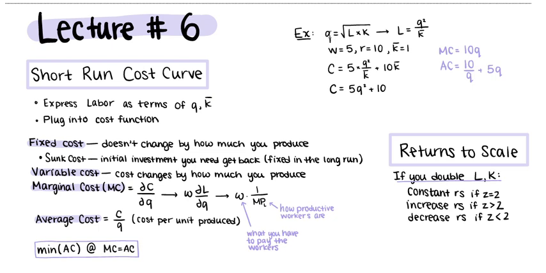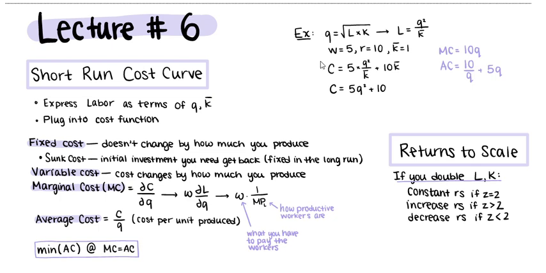We have the production function, and we can find the related formula, that labor equals q squared over k, and we are given that the wage over rental is 10, and the average capital is 1.